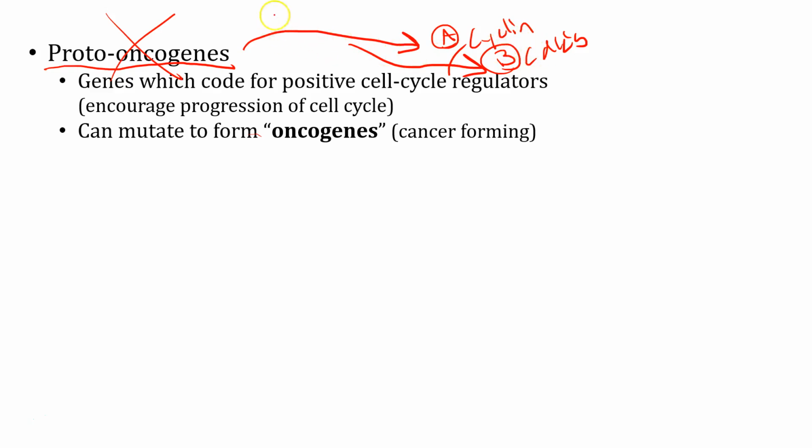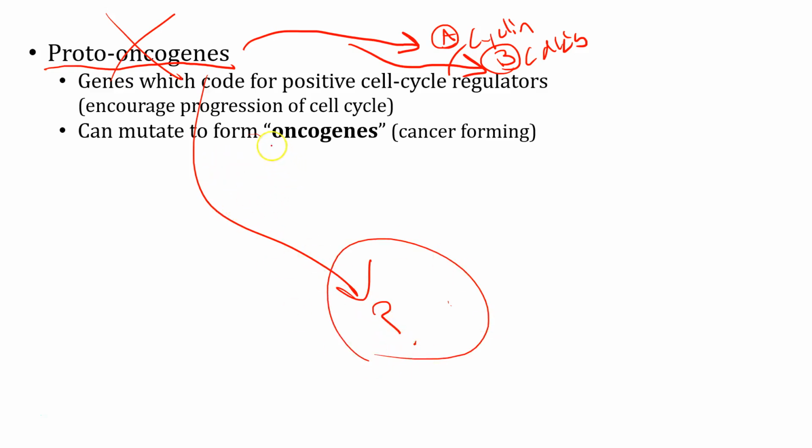And so it starts producing something else that could be bad. If a proto-oncogene is damaged, it no longer produces the cyclins and CDKs, it starts producing something else, which could be bad. When a proto-oncogene is mutated into some other gene that produces this whatever substance, we call that an oncogene.